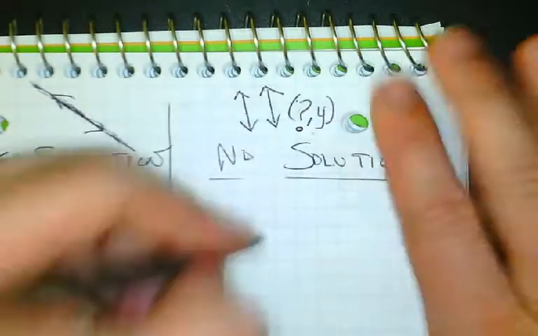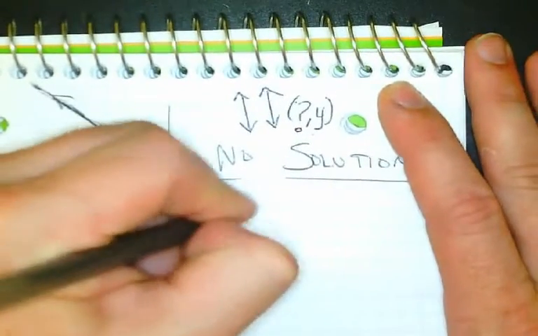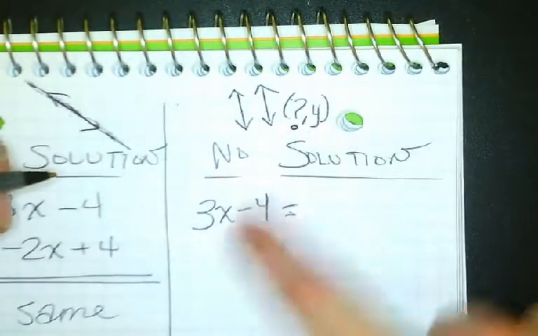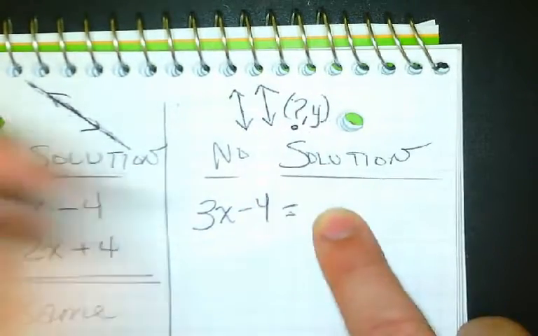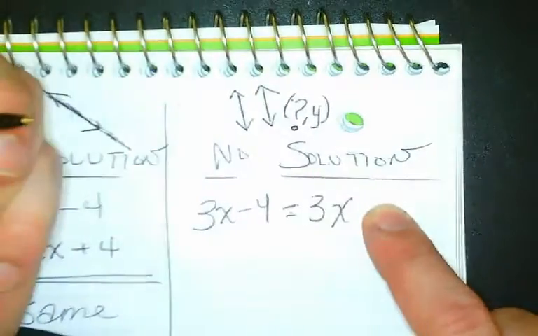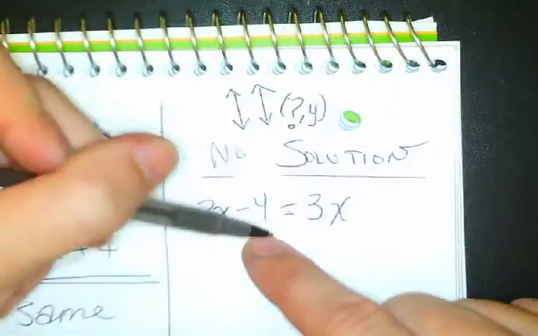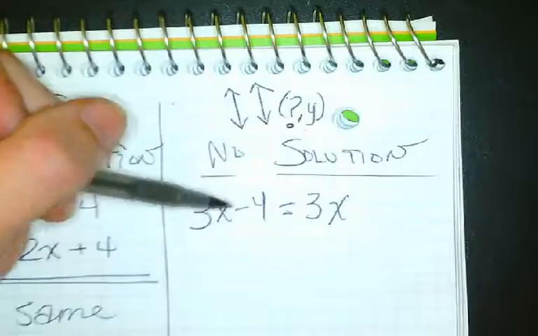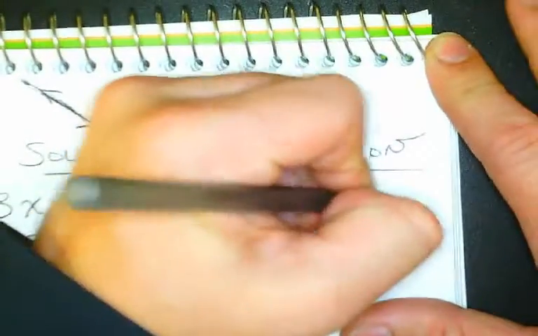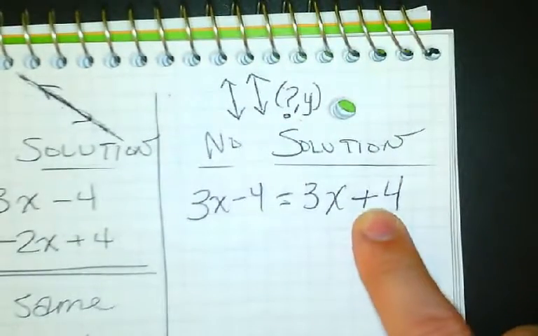Yeah, that's exactly right. So if we have 3x minus 4, if there's no solution, the x has to go away, right? So we're going to put another 3x over here. And then, Nayeli, to your point, what's another number besides negative 4? You can say 4, right? As long as it's a different number, we don't care.